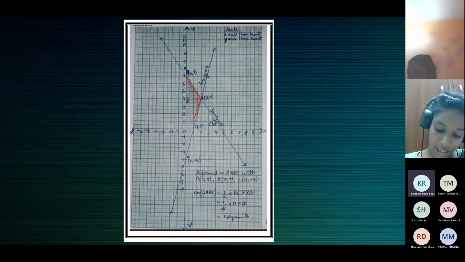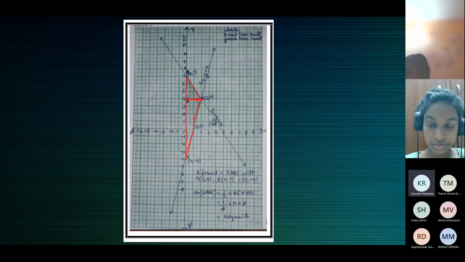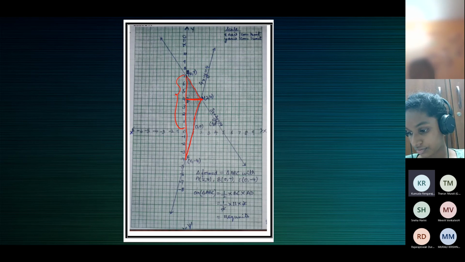This is the triangle. The height is 2 units and the base you'll have to count. So here we have 7 and here we have 4. So 11. Half base into height. Half into 11 into 2.